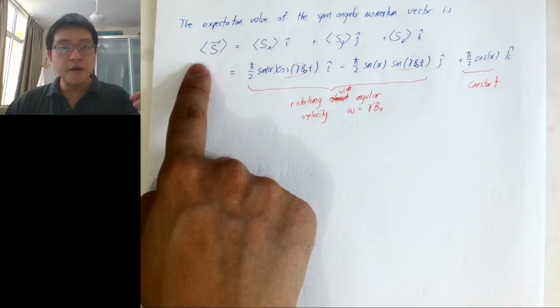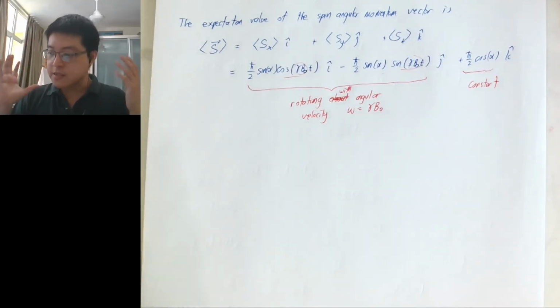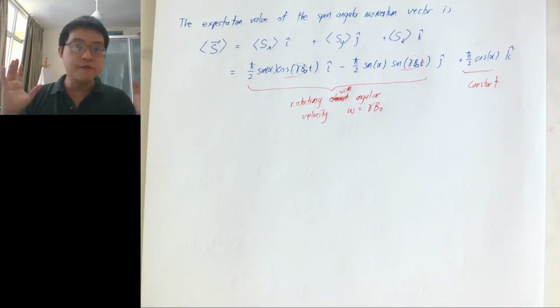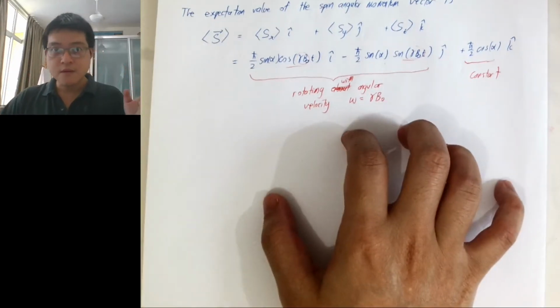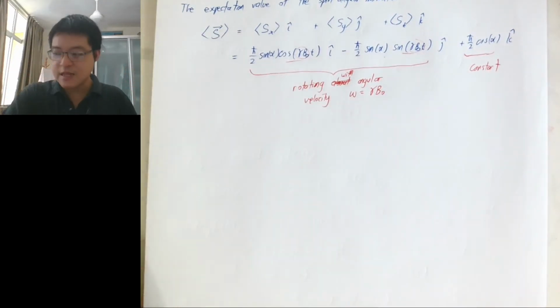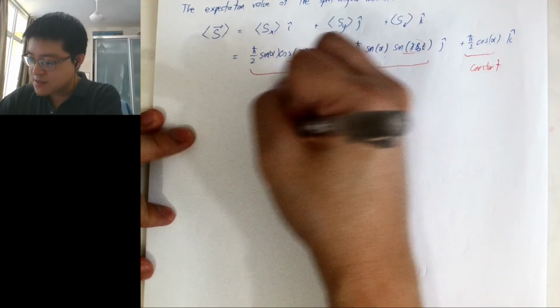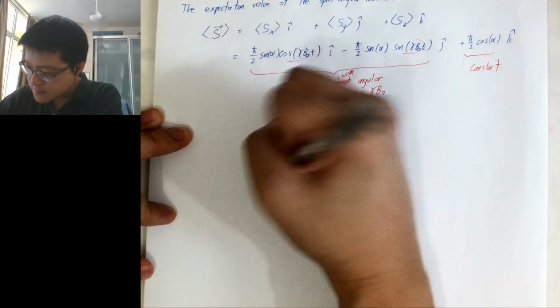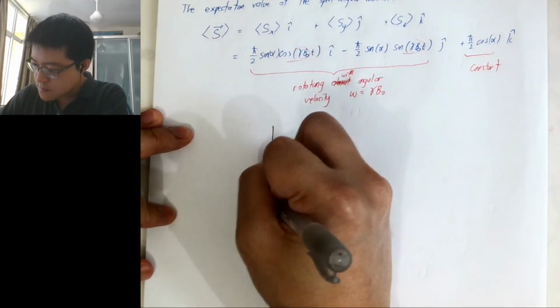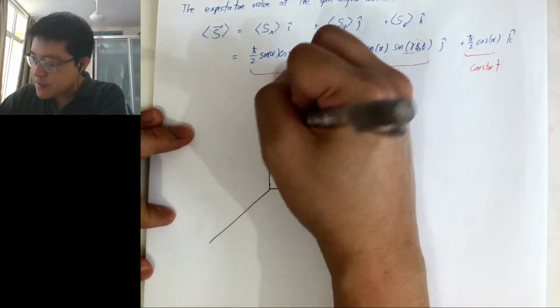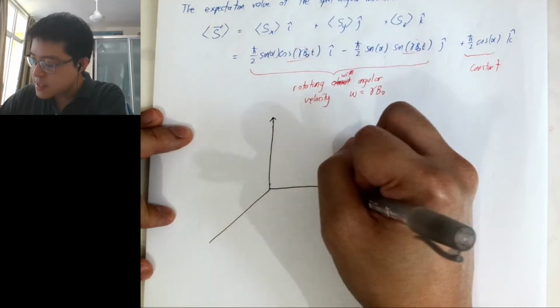So the length of this vector is a constant and is h bar over 2. Can you see? I'm lazy to draw this line because what I want to do now is to just start drawing this. So the length of this vector is a constant, which is h bar over 2.